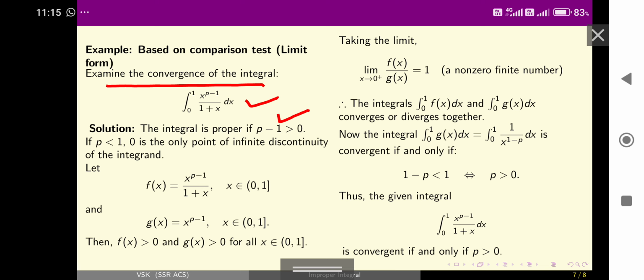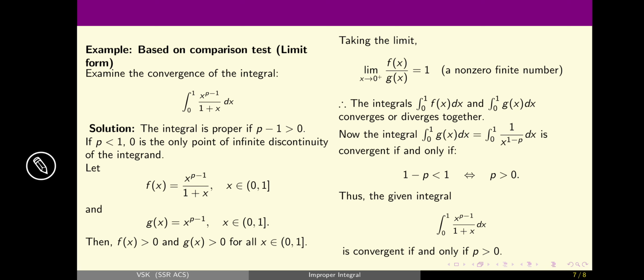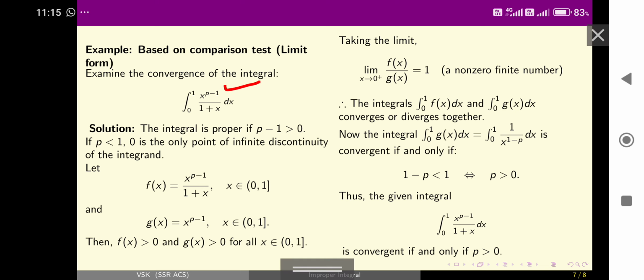Now if p is less than 1, then 0 is the only point of infinite discontinuity of the integral, because when p is less than 1, this expression blows up and 0 becomes a point of infinite discontinuity.